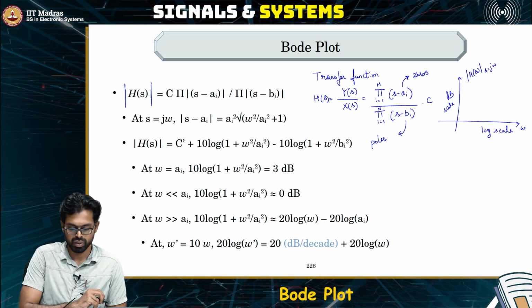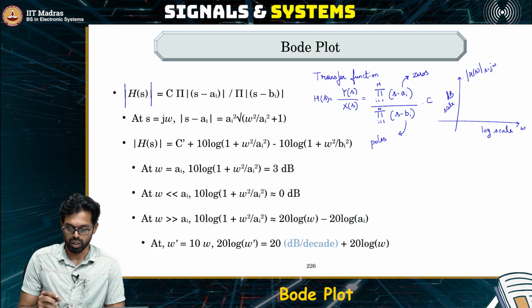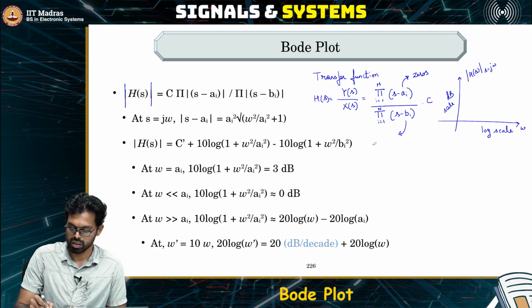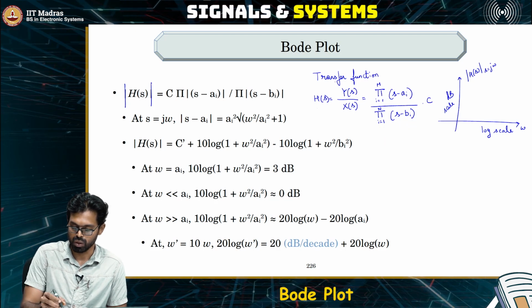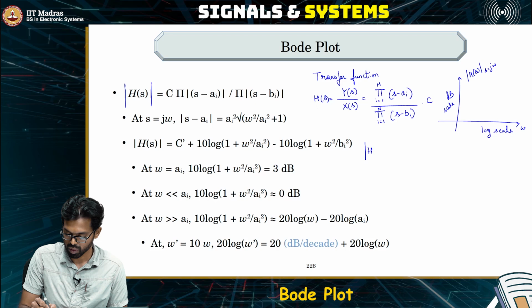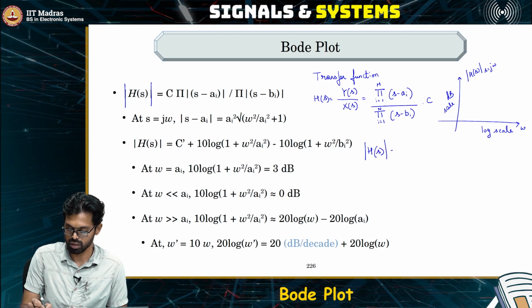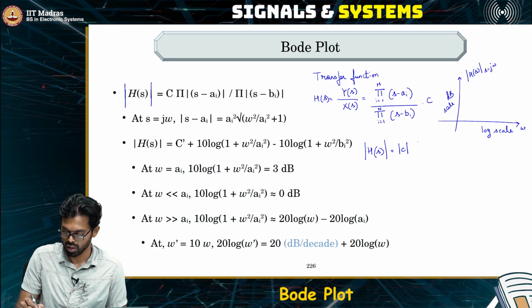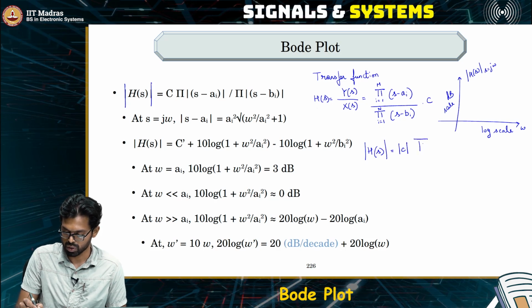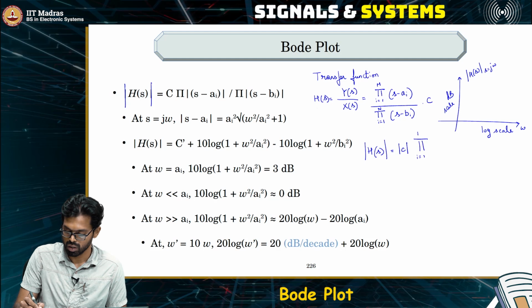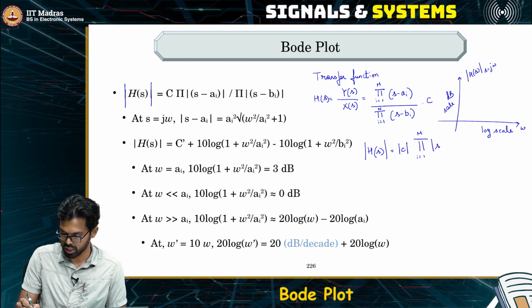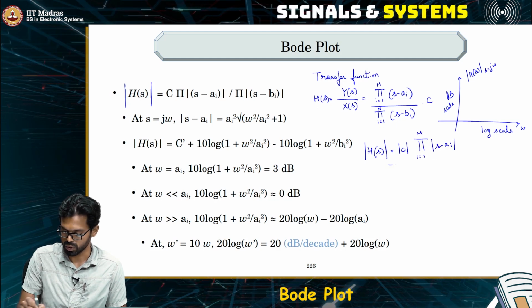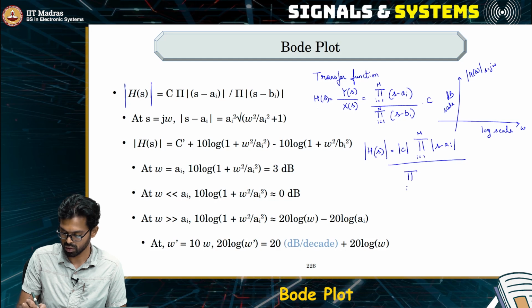Now, when we first take the mod or the absolute value, what would we get? Let's take the absolute value of the transfer function H of s, which is mod c, and you can distribute the absolute value operation inside. These are all just products.